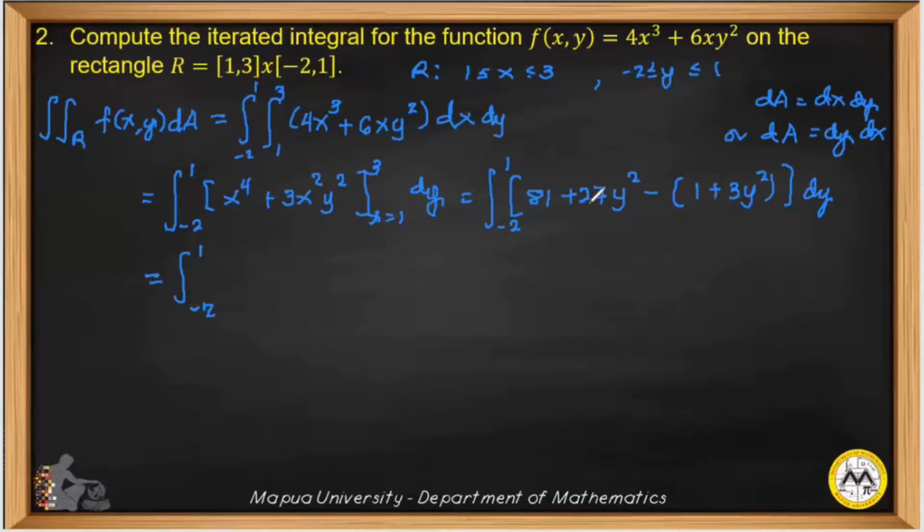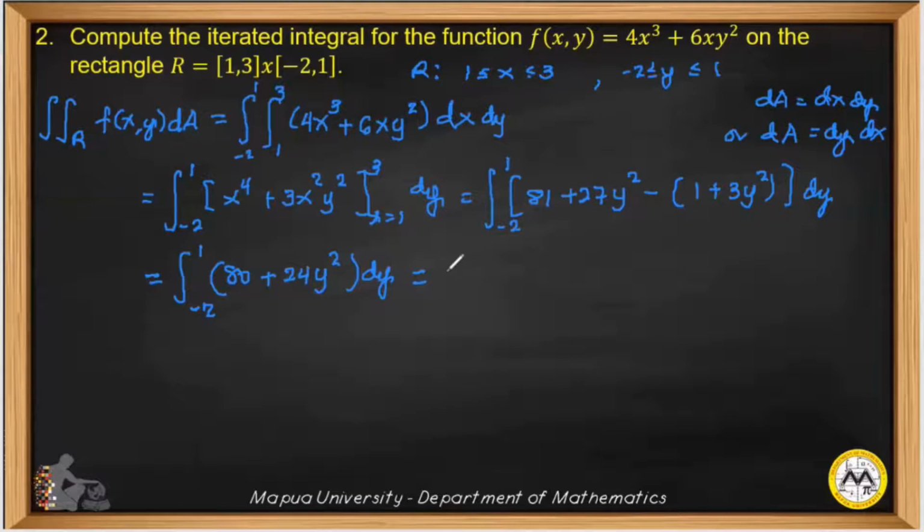We have 81 minus 1 is 80, and 27y squared minus 3y squared is 24y squared. So we have 80 plus 24y squared dy. We may also factor out the common factor 8 if we want, or if you want, you can just continue integrating.